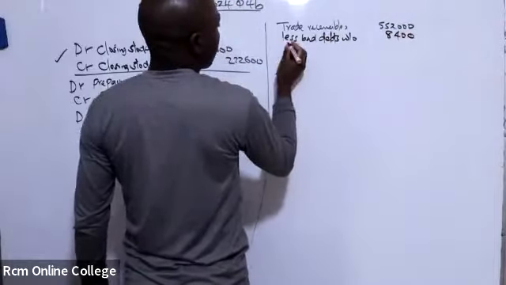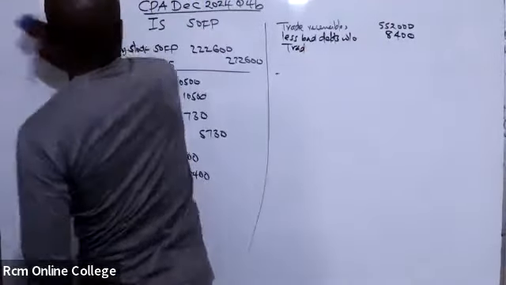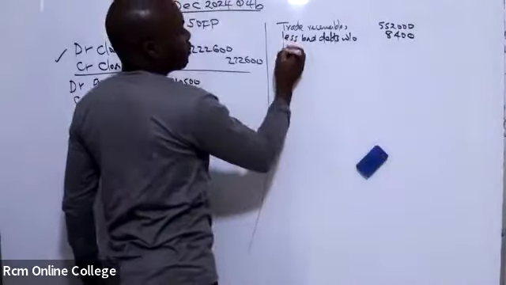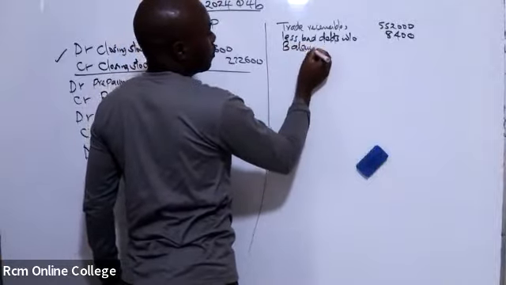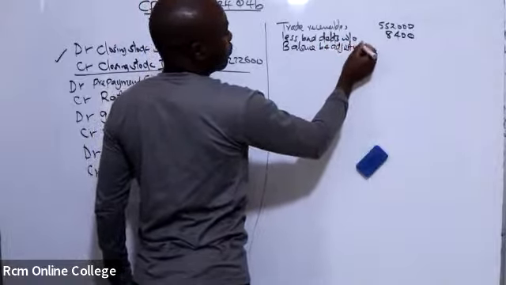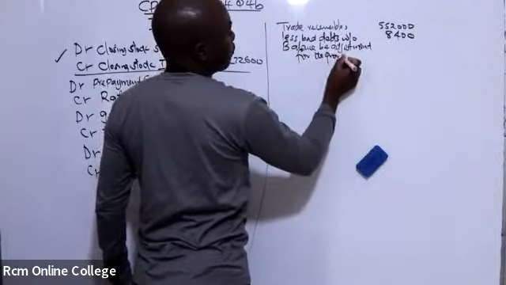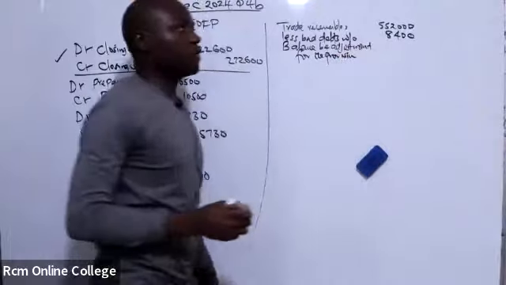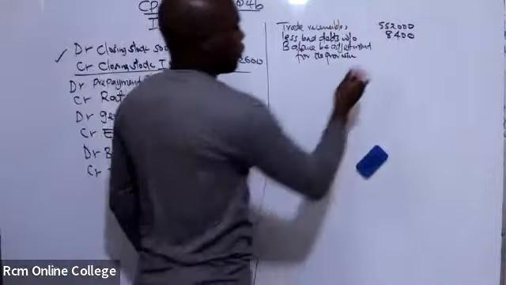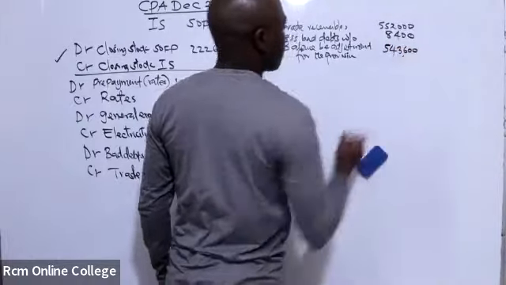What is the remaining? What is the balance of the trade receivables before adjustment for the provision? When you take 552,000 minus 8,400, what are you getting? 543,600. Thank you. That is what we have.